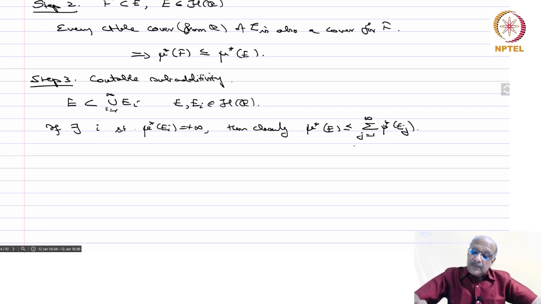Because there's one of them, j equals i, which is infinite, the right hand side is infinity, and therefore this is trivially true.